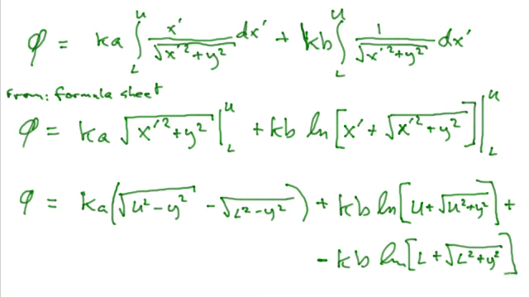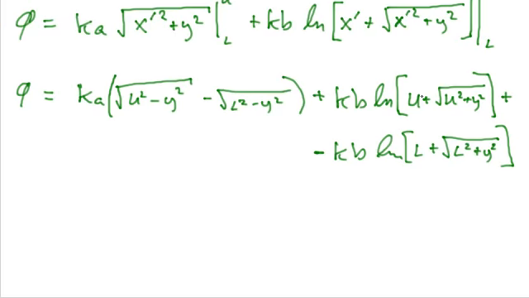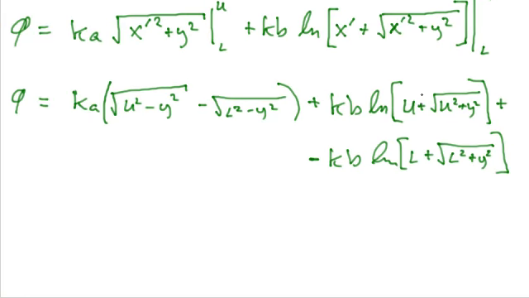And then I'm going to do something that I consider a simplification. Every term's got a k in it, so I'll factor that out.